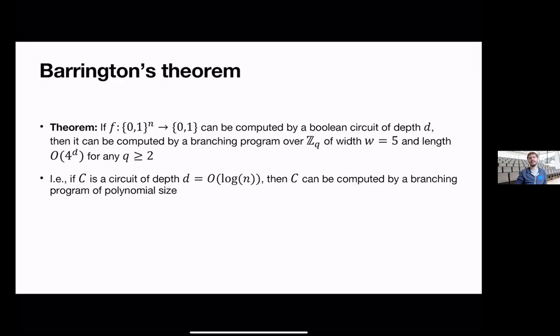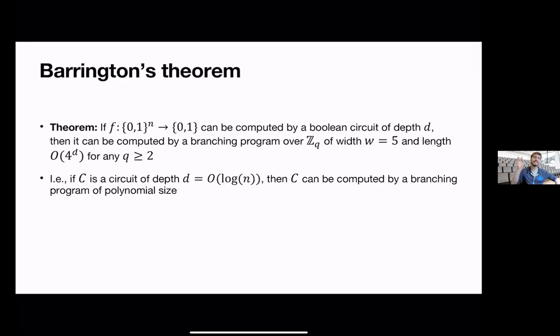Okay, so in fact, Barrington's theorem, the way it was proved by Barrington, is an equivalence. It states that those two classes of programs, on one hand, circuits of depth log n, on the other hand, branching programs of polynomial size, are equivalent.